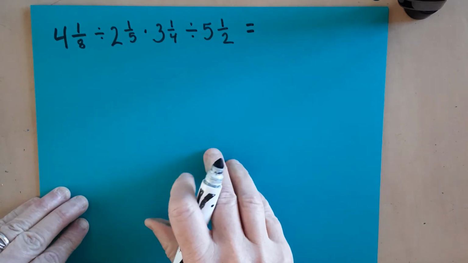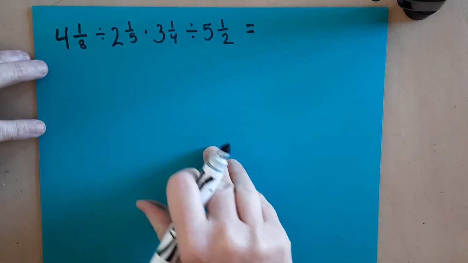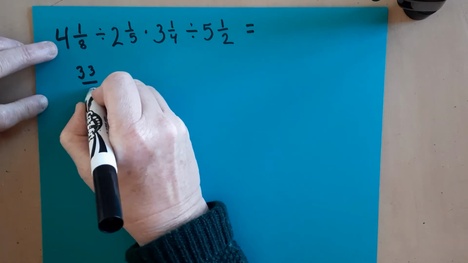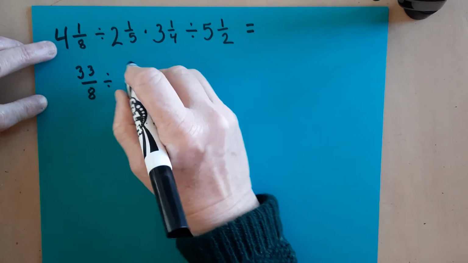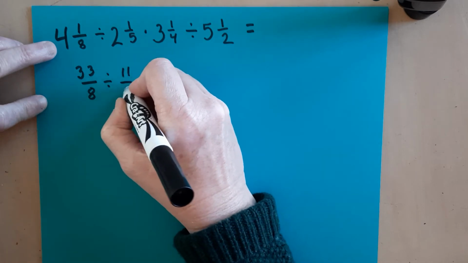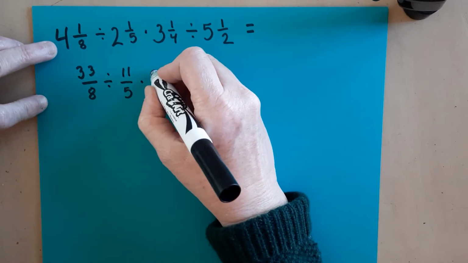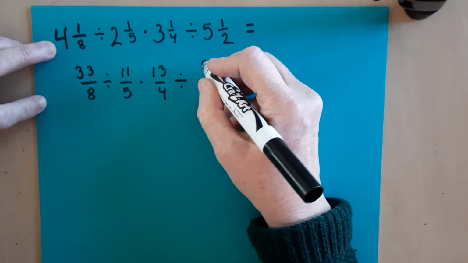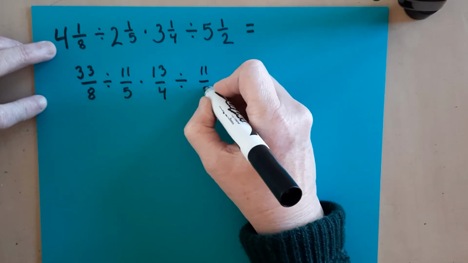What does that equal? First step is to write each one as an improper fraction. 4 1/8 becomes 33/8. 2 1/5 becomes 11/5. 3 1/4 becomes 13/4. And 5 1/2 becomes 11/2.